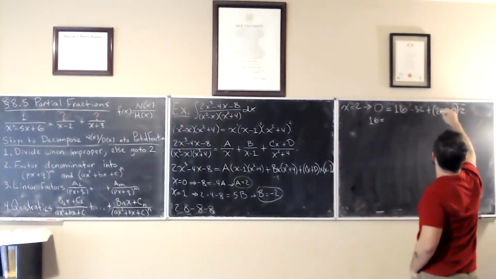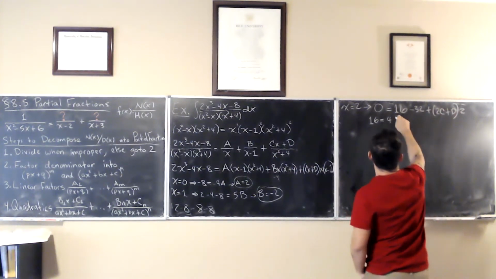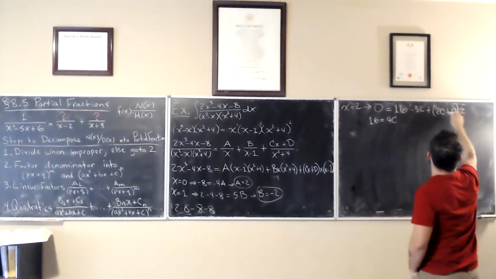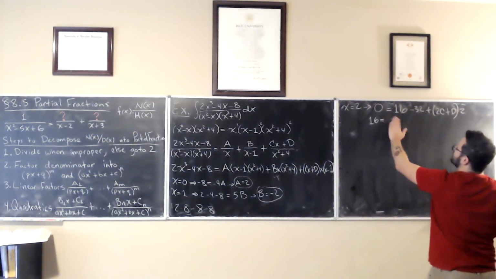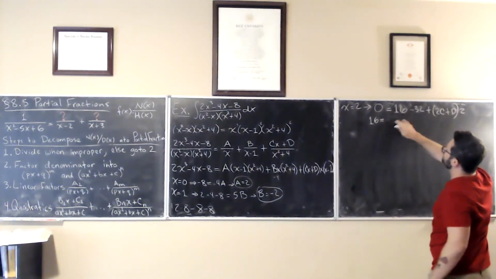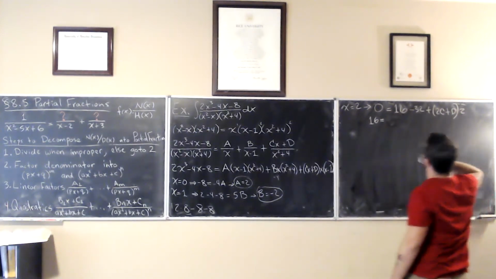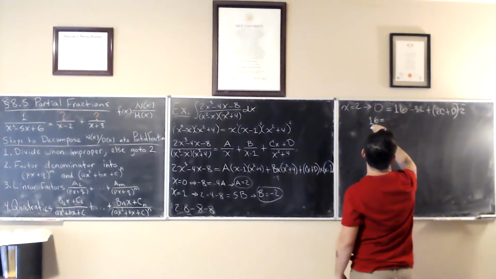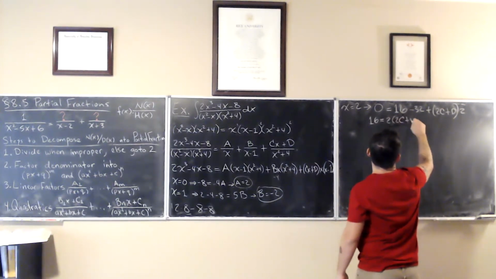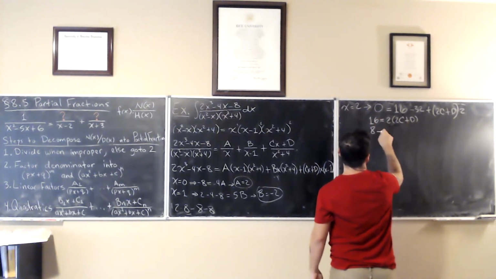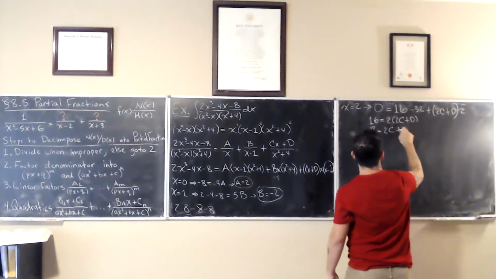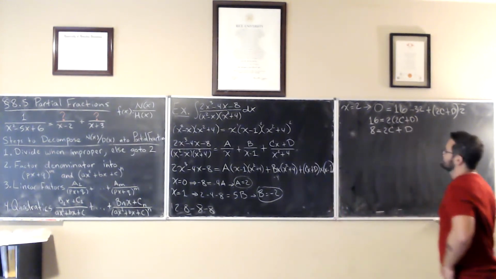And then 2 times 2c is 4c, 2 times d. Oh, why would I do that? I can just divide by 2 on both sides. So move the 16 over and then divide by 2. And you get that 8 is equal to 2c plus d.